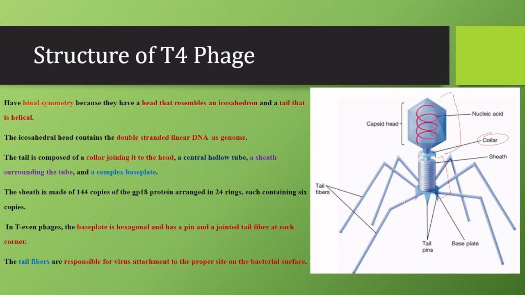The tail fibers have a particular function. They are responsible for the attachment of the virus to a proper site on its bacterial host. These tail fibers recognize their host and attach to it so that they can replicate inside the host and proceed with their life cycle.